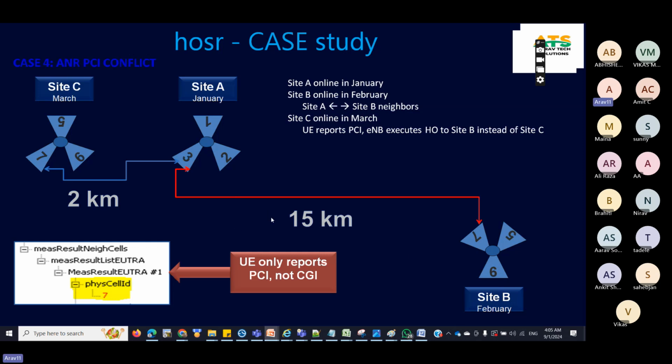There was no issue in the network till March. In March, what happened? You need to analyze that. Another site came up with site B's PCI, which is 567, nearby, 2 kilometers from this site. Once this site is created here, your handover is failing. Why has it failed?